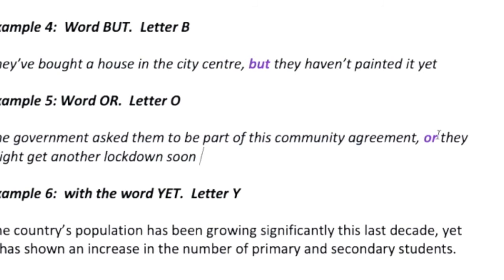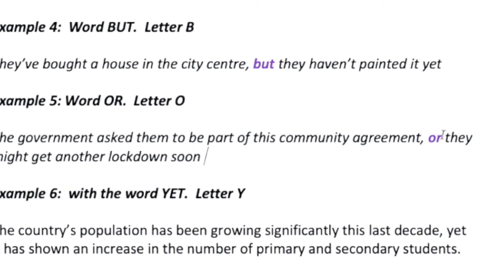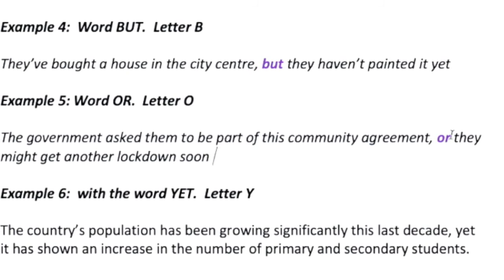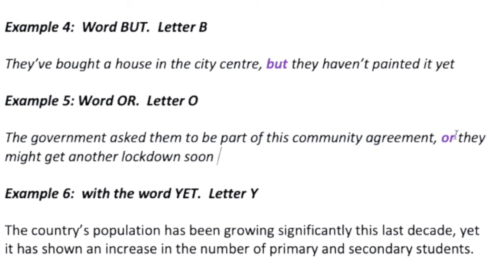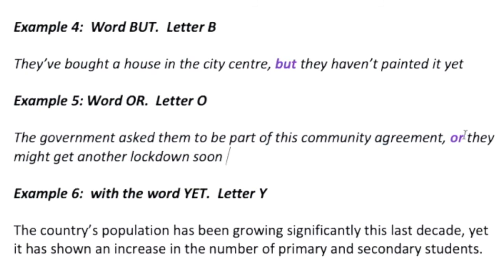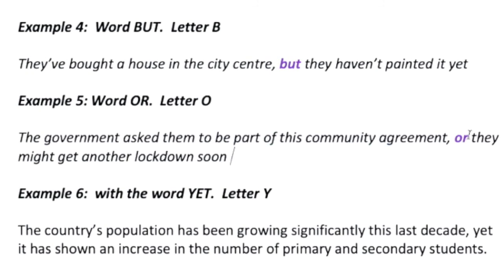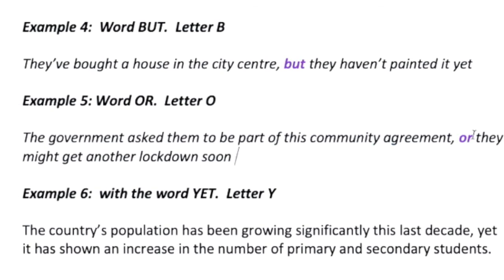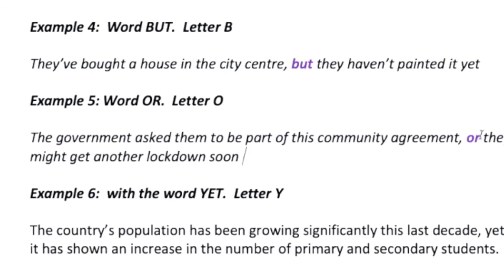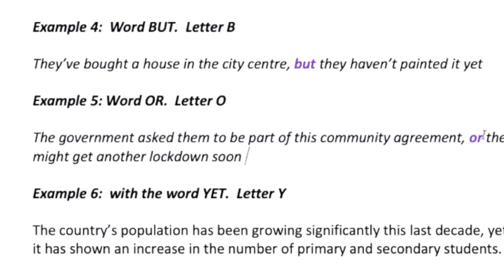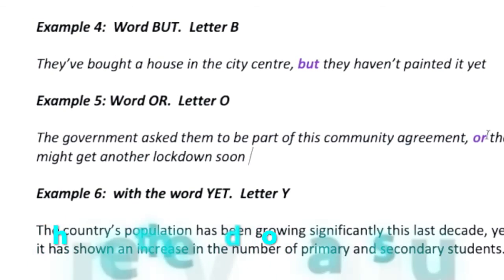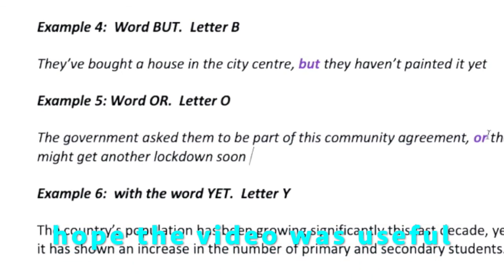Two ideas separated by a comma and put together by or, to make it longer, more elaborate. Example number 6 with the word yet, letter Y. The country's population has been growing significantly this last decade. That is one complete idea. Yet it has shown an increase in the number of primary and secondary students.